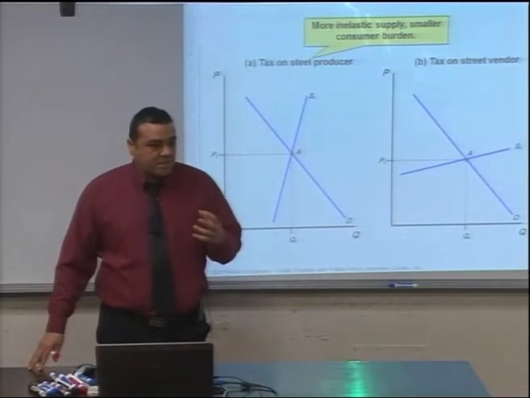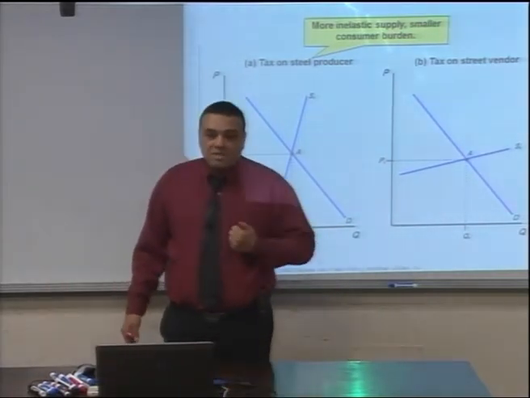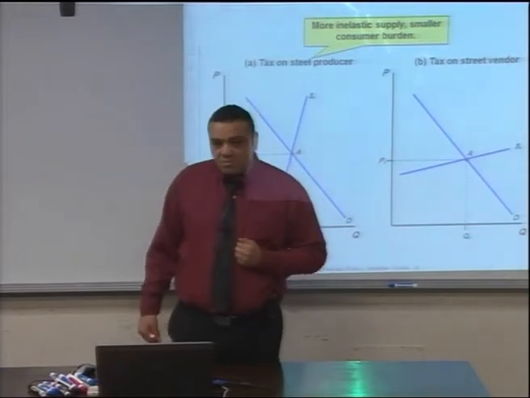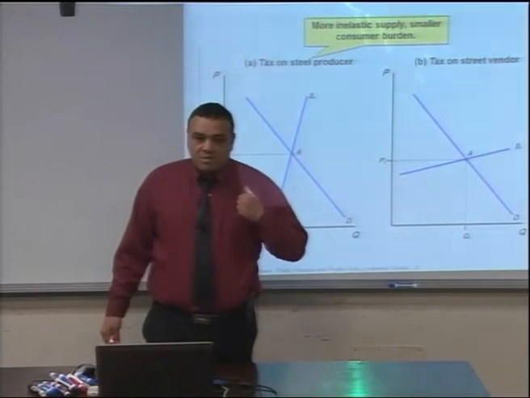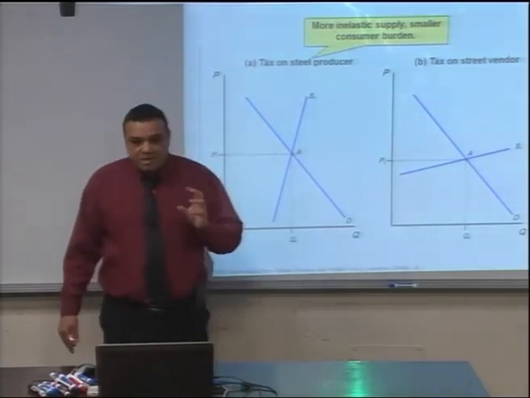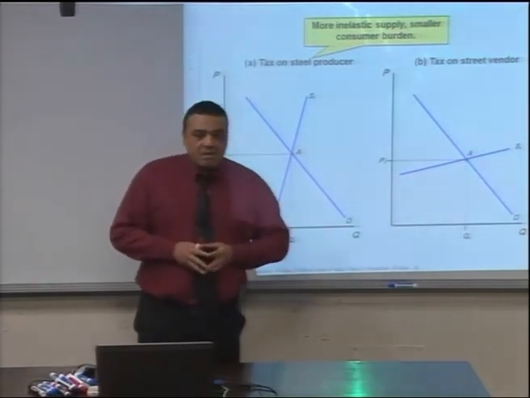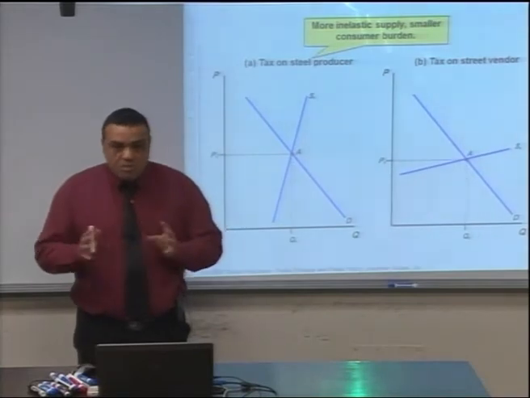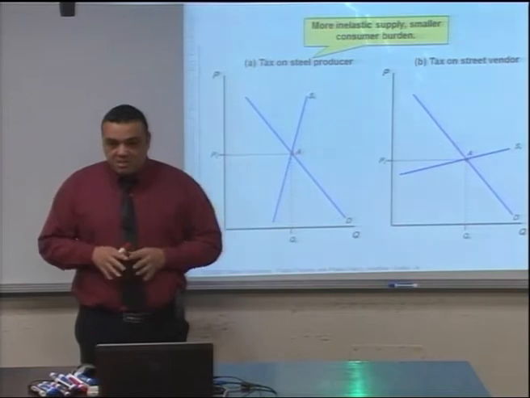If the supply was elastic, who bears the most or the least of the tax burden, the consumer or the producer? And if the supply was perfectly inelastic? Who bears the shares of the tax incidence?